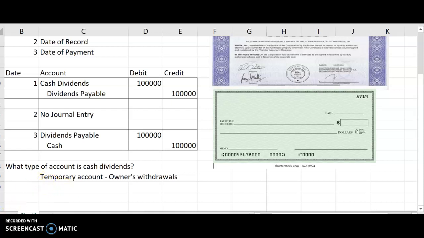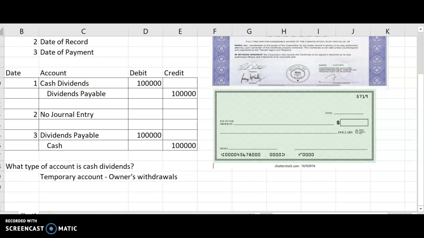Okay, so it's a temporary account. And what I mean by that is it closes at the end of each period. The question is, what does it close to? If you remember how to close owner's withdrawals, usually the last step, we would close it to capital. Well, now we break our capital into pieces. Remember the two pieces?